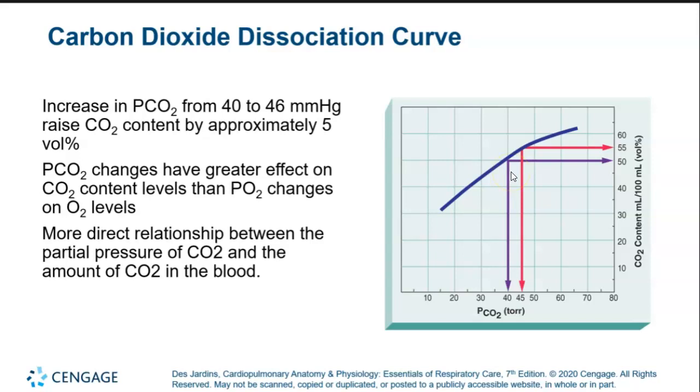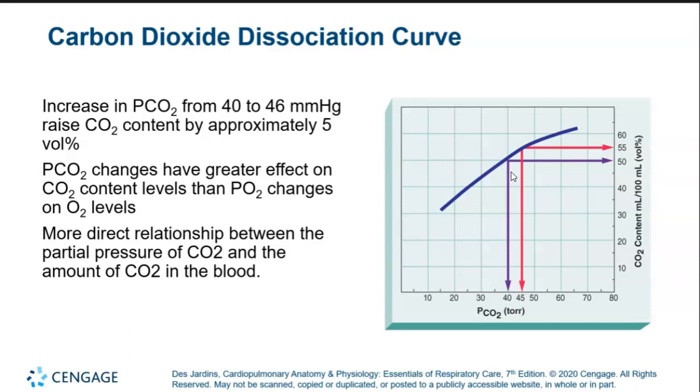So that really just means that there's a more direct relationship between the partial pressure of CO2 in the blood and the amount of CO2 contained in the blood, so that total content of CO2.